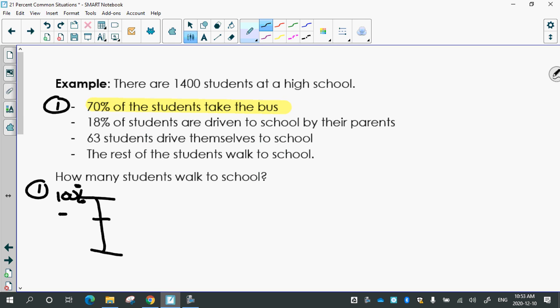So 70 is fairly close to 100. There's 1,400 students altogether. And we can figure out how many of them are going to take the bus by doing our 100 over 70 is 1400 over x.